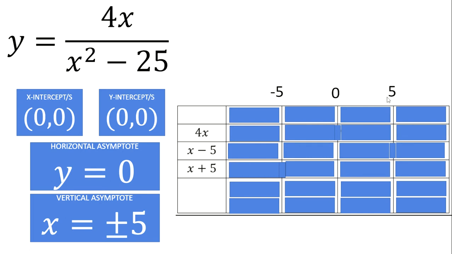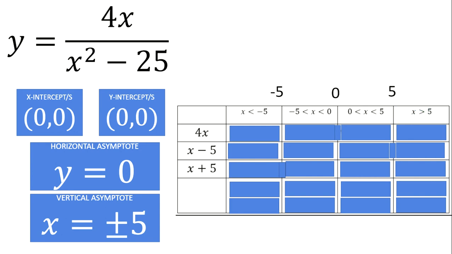Always remember, to identify which is first among the three, imagine the number line from left to right, so that's negative 5, 0, and 5. We have three critical values, therefore we have four inequalities here.